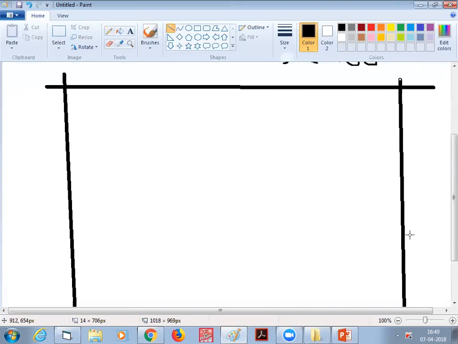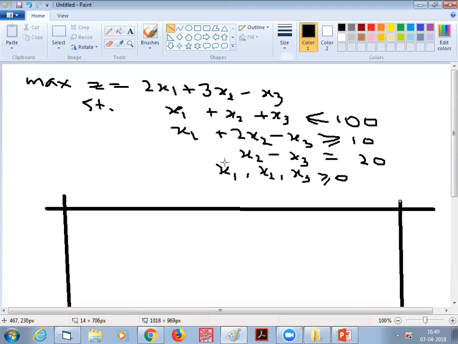Anyway, close enough. Okay, so what do we have as variables? x1, x2, x3, then S1, S2, and then A1, A2. There's plenty of space. Anyway, it doesn't matter. We'll slowly occupy the space.